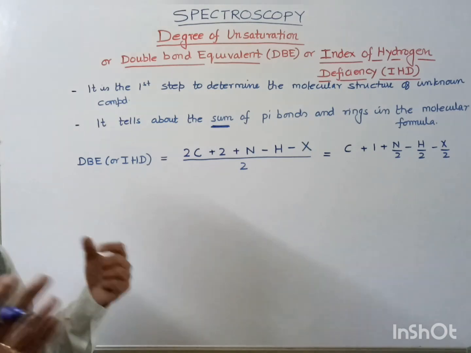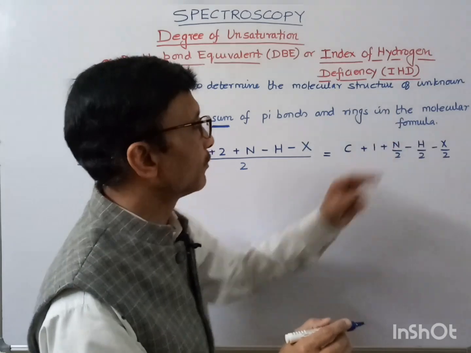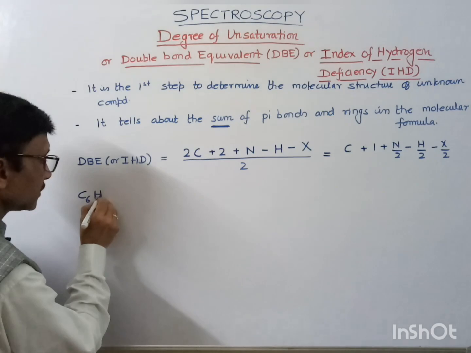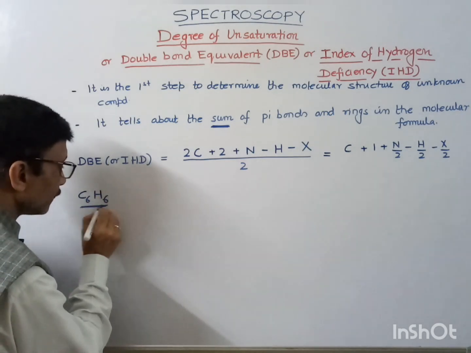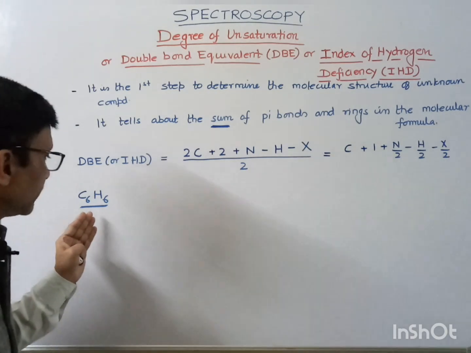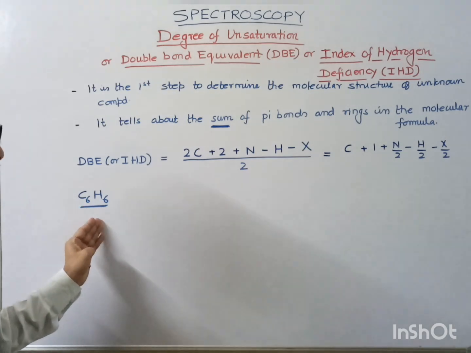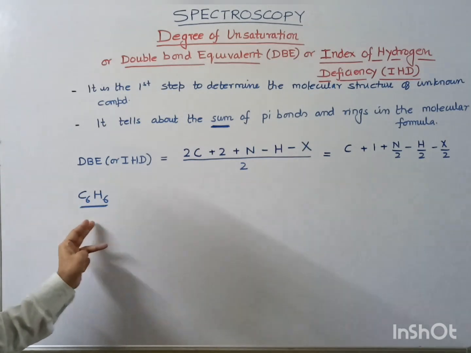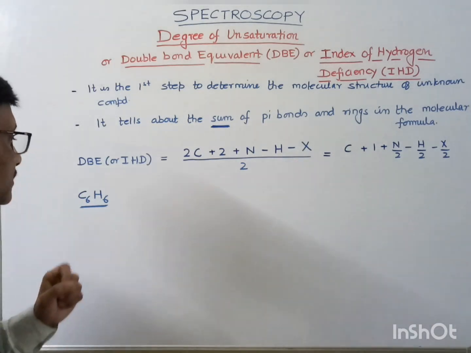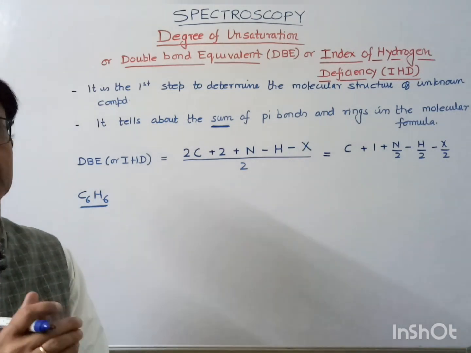Now let us take an example. Suppose the molecular formula given in a problem is C6H6, and we want to find the molecular structure of this molecular formula. All of you know C6H6 is a benzene ring. But what is the exact molecular structure of this C6H6?